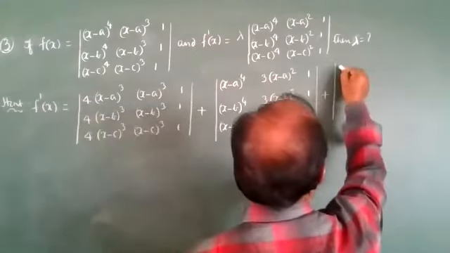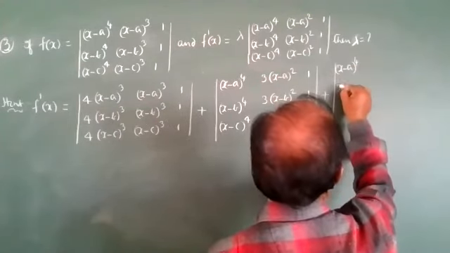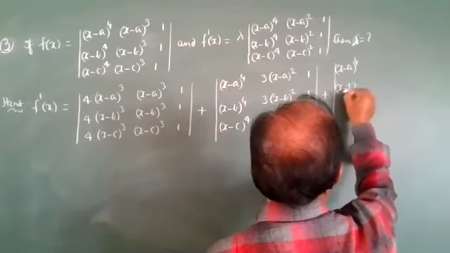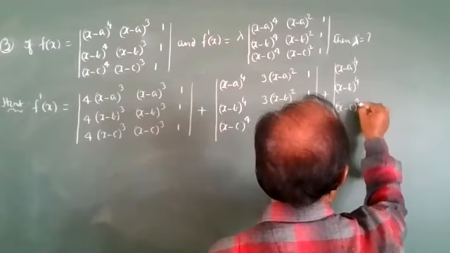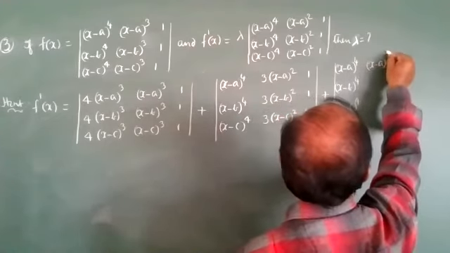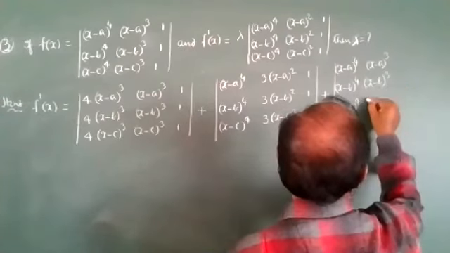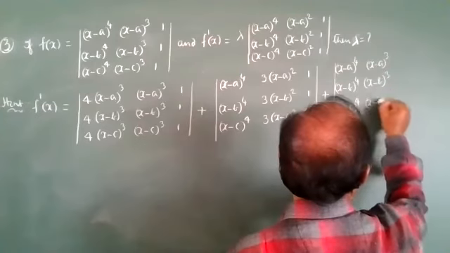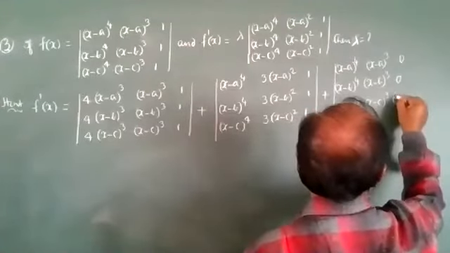So first column is the same: (x minus a) power of 4, (x minus b) whole power of 4, (x minus c) whole power of 4. Second column is (x minus a) whole cube, (x minus b) whole cube, (x minus c) whole cube, and third column 1, 0, 1 derivative 0, 0, 0.